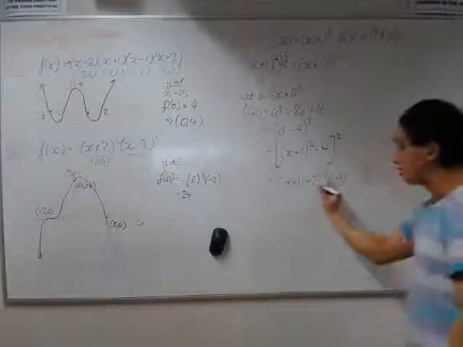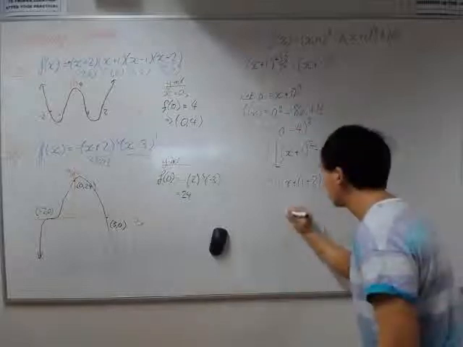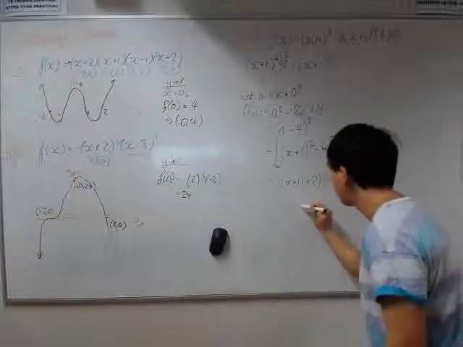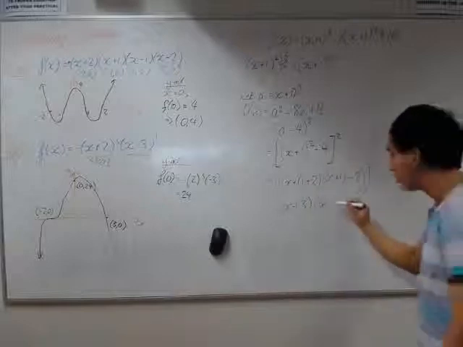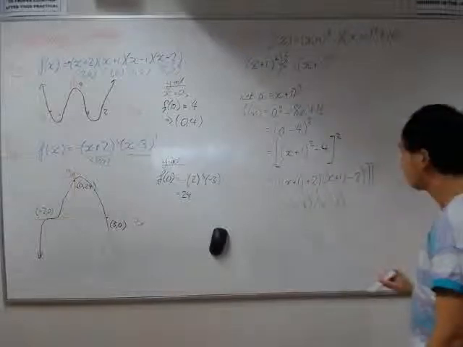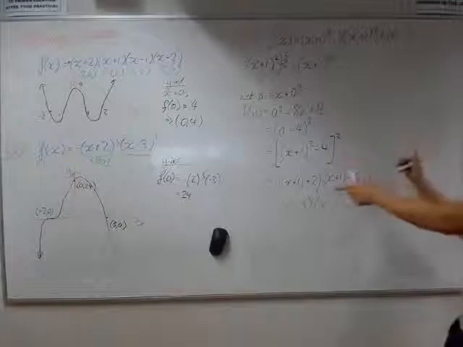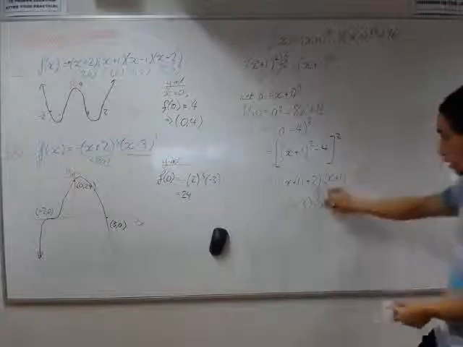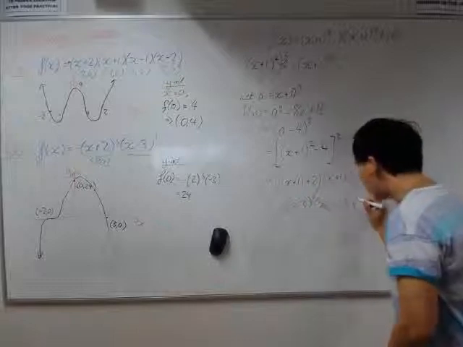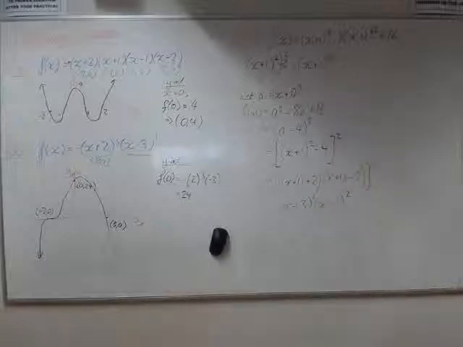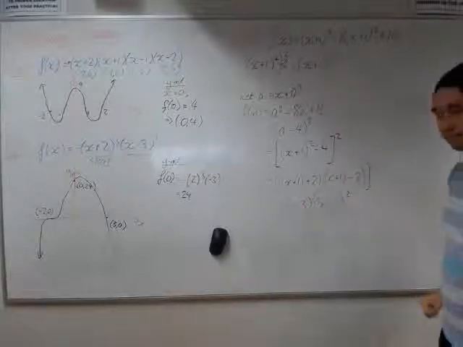So x plus 1 plus 2 is x plus 3, x plus 1 minus 2 is x minus 1. If we have all this to the square, we can distribute the power to each bracket. So you're going to have a square term for each bracket.